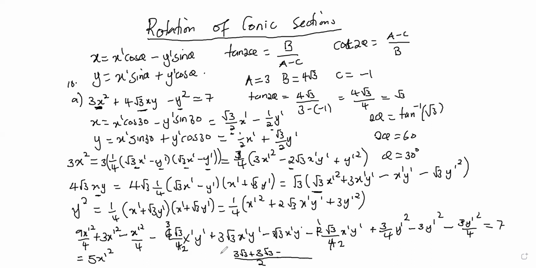Which one? The same 3 root 3. Okay, yeah. x prime y prime. This one's supposed to be 6. The middle one, is it? And then minus 4 root 3, and then minus root 3.